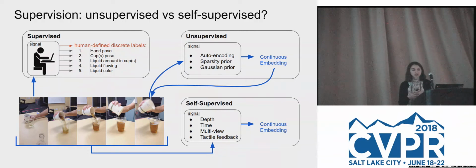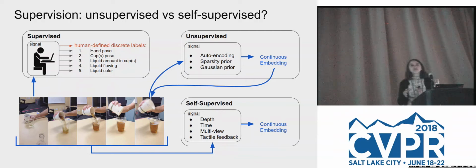especially in the context of robotics, will mean that you're going to be using some other constraints from the world. You may use one of your sensors as your own supervision. You may use some constraints that come from 3D, from depth or time. You may use multi-view as your supervision. You may use tactile feedback of how you touch things, what the sensing signal was there.